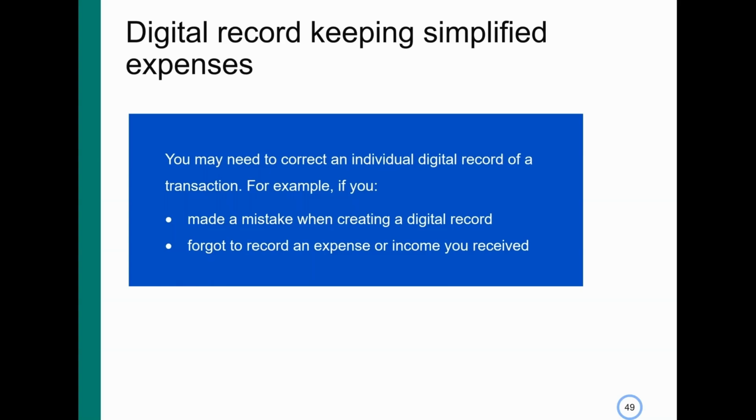If you make the correction during the tax year, it will be included when you send your next quarterly update. If you use software that lets you create digital records, you can make the correction in your software. If you create digital records in a separate record-keeping software, for example a spreadsheet, you should make the correction there and then digitally link your records to your bridging software.